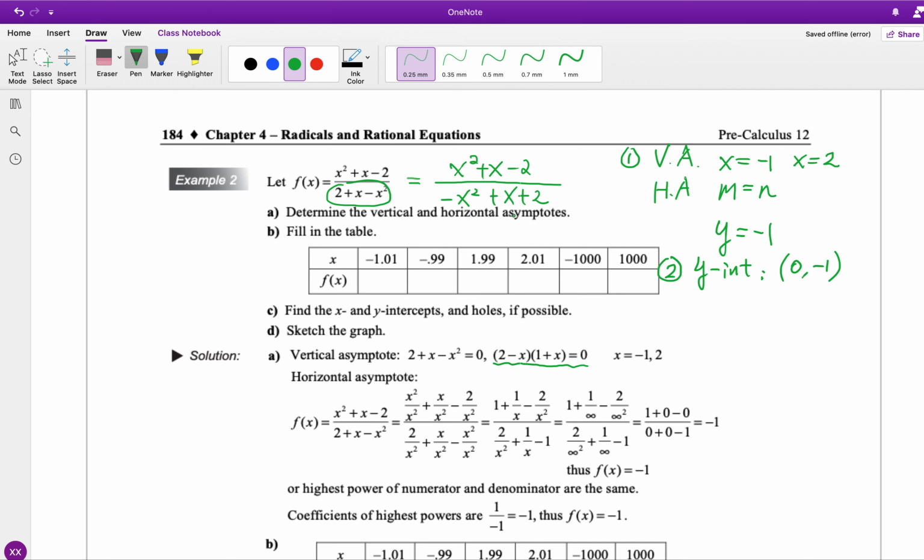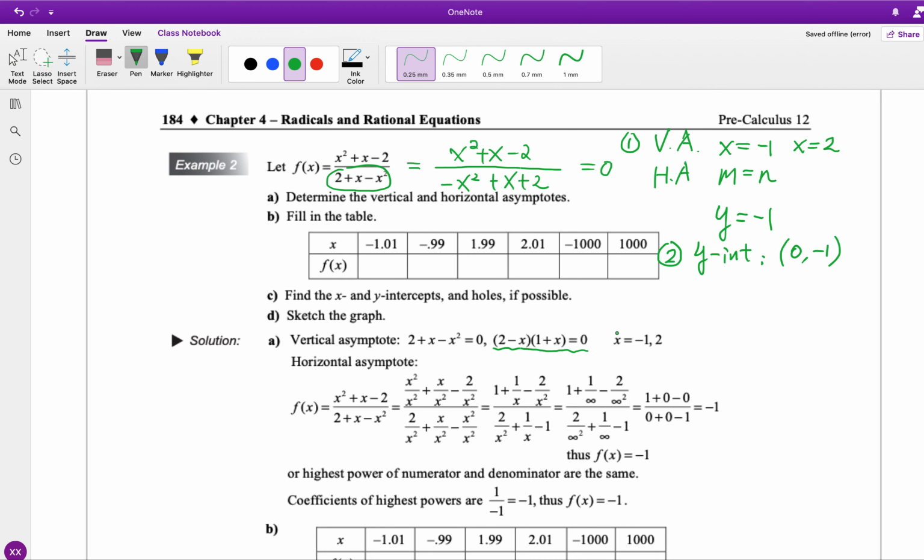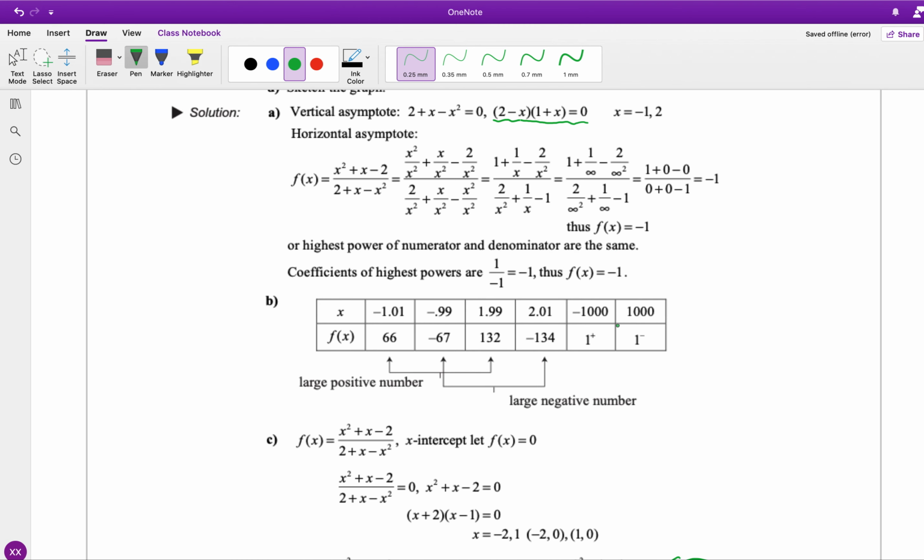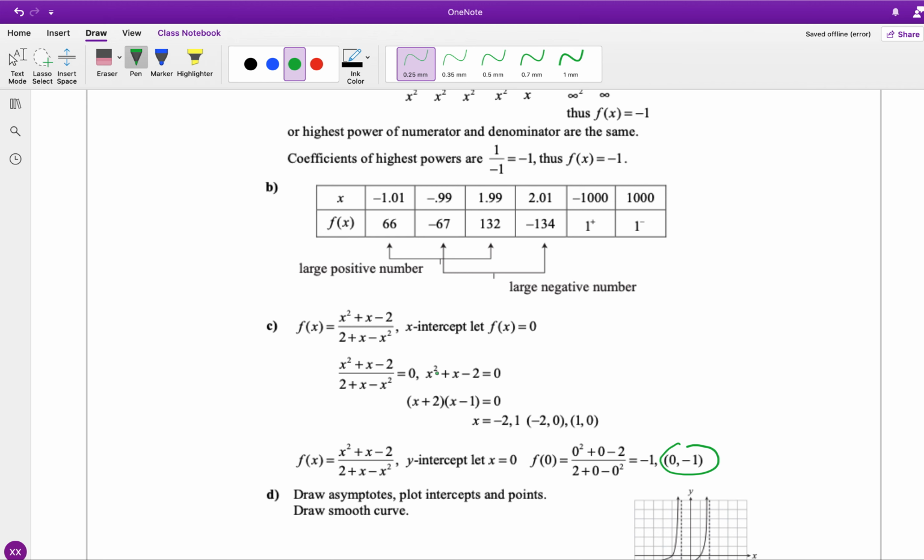And then how about my x-intercepts? That means f(x) equals 0. f(x) equals 0 means the numerator equals 0, because the denominator is just gone. Multiplied by the denominator on both sides, it becomes x squared plus x minus 2 equals 0. So then we factor that, and it becomes this.